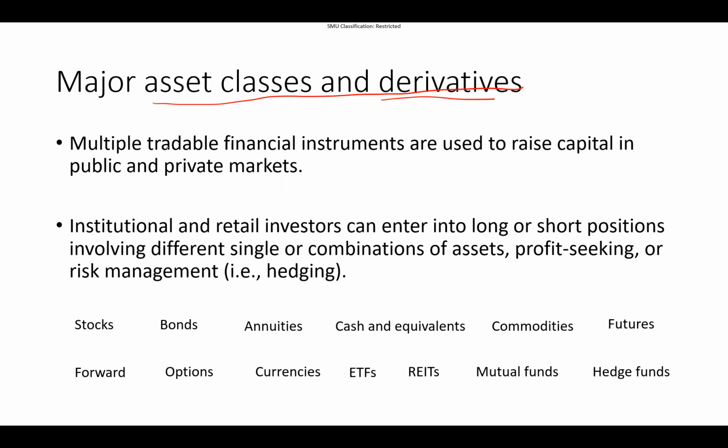So these are all tradable financial instruments, which means they can be bought or sold in the market. It's public or private, right? So you can enter long or short positions, which is another way to say you can buy or sell. So buy means we enter a long position for a particular asset, and sell means we go short in this position. And the asset can be in combinations as well, right? So it can be single, it can be combinations.